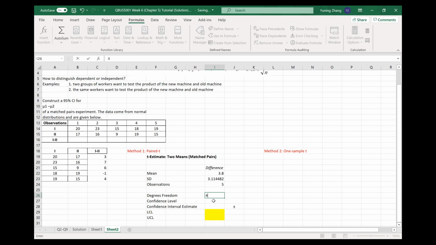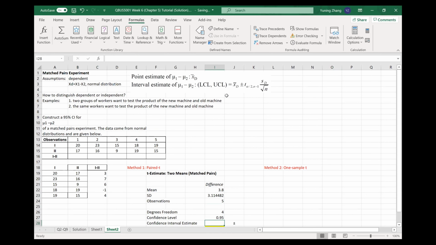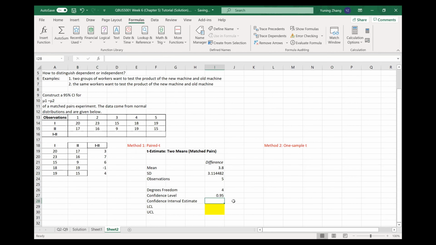And the confidence interval is 95% here. So the confidence interval estimate is equal to the point estimate plus here. So the point estimate is 3.8.